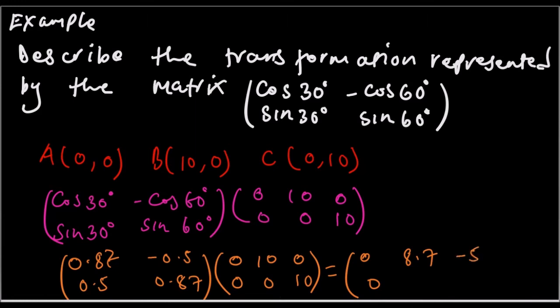For the other row, we have 0 and 0, then 0.5 times 10 gives 5, and 0.87 multiplied by 10 gives 8.7.